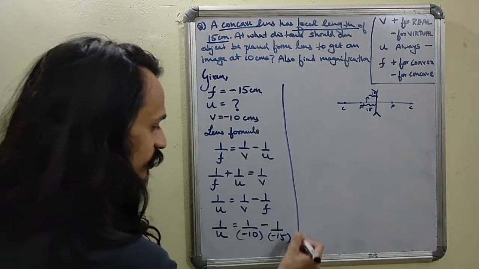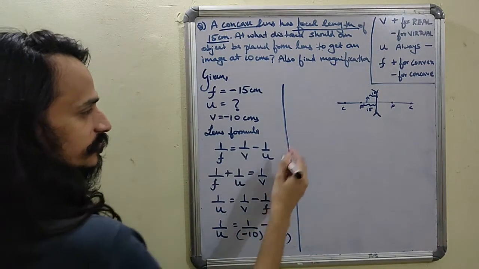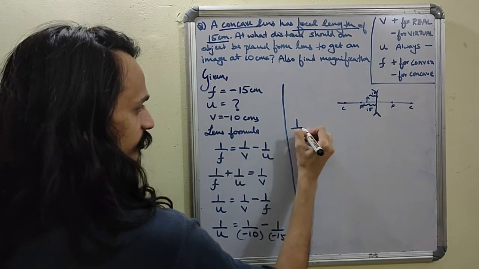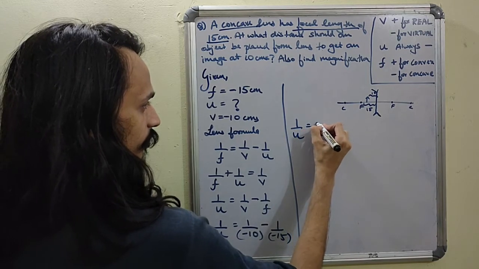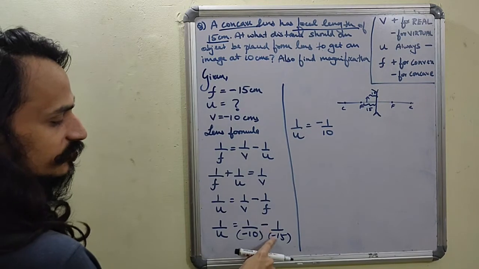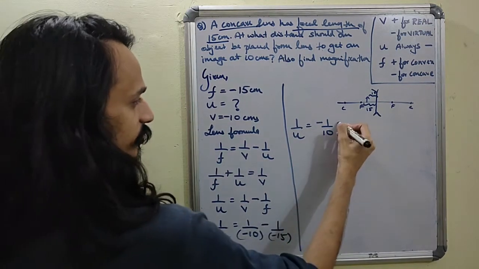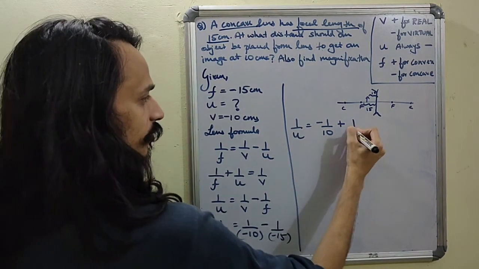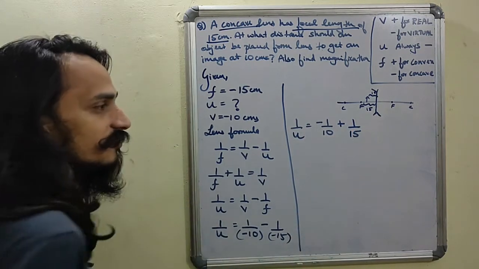So if I solve this, 1 by minus 10 is nothing but minus 1 by 10, minus 1 by 15. This minus goes up, minus into minus, so it becomes plus 1 by 15.